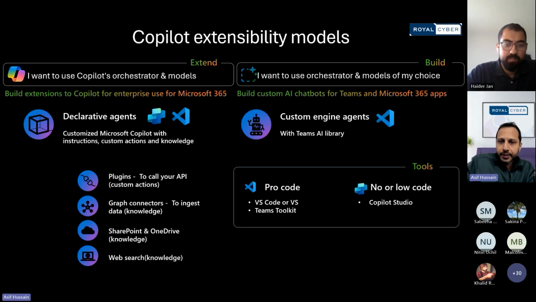All right, so I'll not go into detail here, as this is part of the declarative agents that Heather will explain. But on the surface, you can understand that there are ways to create agents without coding, so no-code or low-code Copilot agents through Copilot Studio. If you want to create custom agents, you will have to code through VS Code and Teams Toolkit.